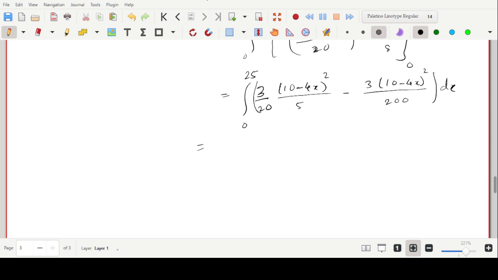What is this? This quantity is double of this, because this is 3 times the same. The numerator is the same, whereas the denominator is half. So what we get is 0 to 25, 3 over 200, 10 minus 4x this square dx.